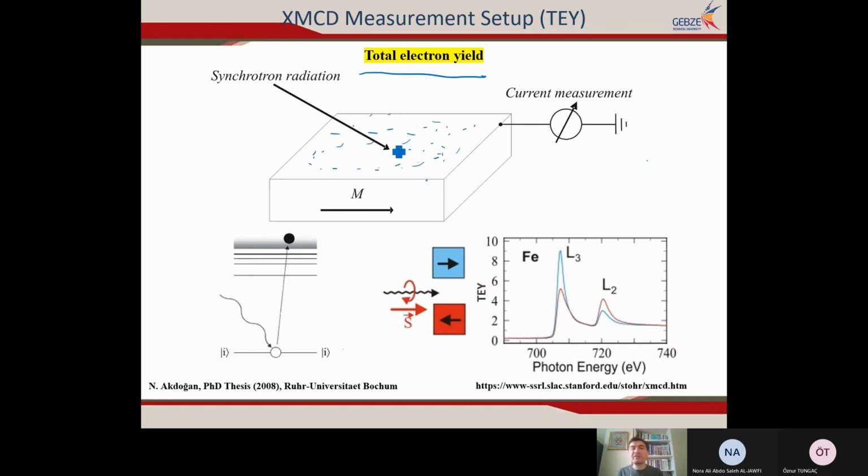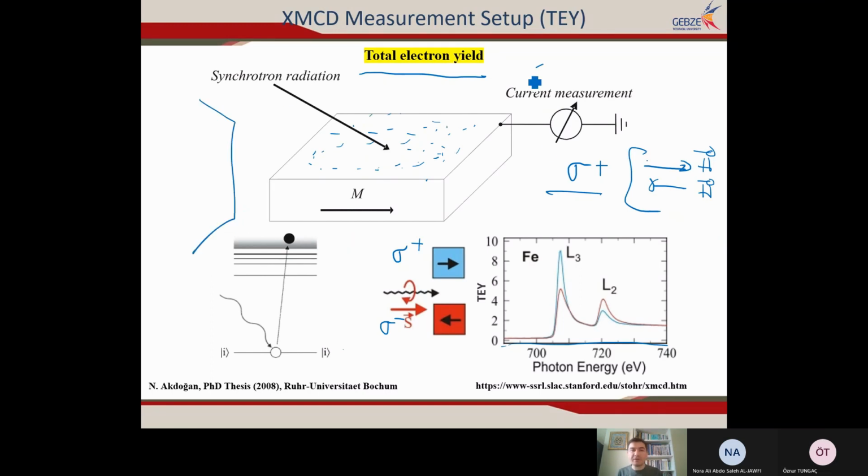Just consider that you use right circularly polarized light and you change the direction of the magnetic field. So you carry out experiments under magnetic field. You keep the polarization and change the magnetic field. In XRMS experiments, we did it like this. So what will happen if you apply a magnetic field?